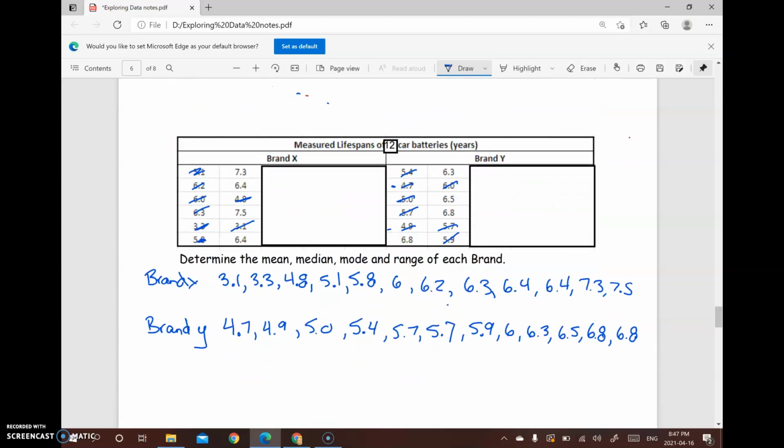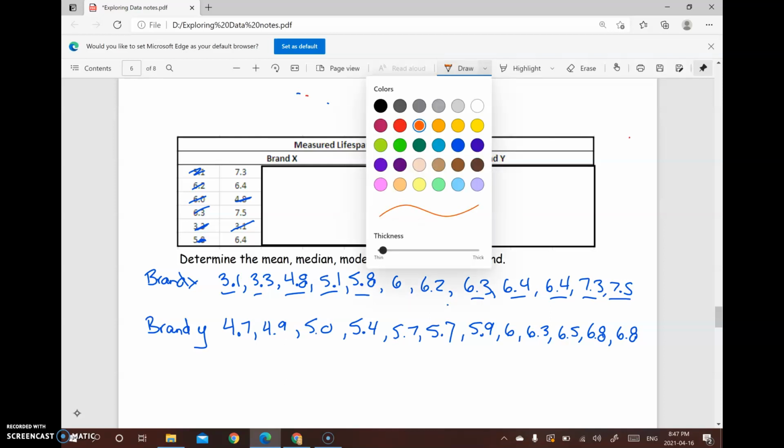Now, if we're going to look at the median, we have to organize the numbers from smallest to biggest. I have already done that. So now we're going to find which two numbers are in the middle. I'm just going to underline each number from first to last, second to second last, and move into the middle until I find my middle number. And I come to 6 and 6.2.